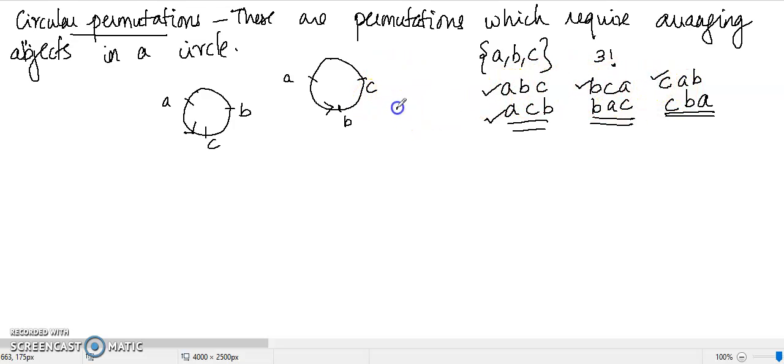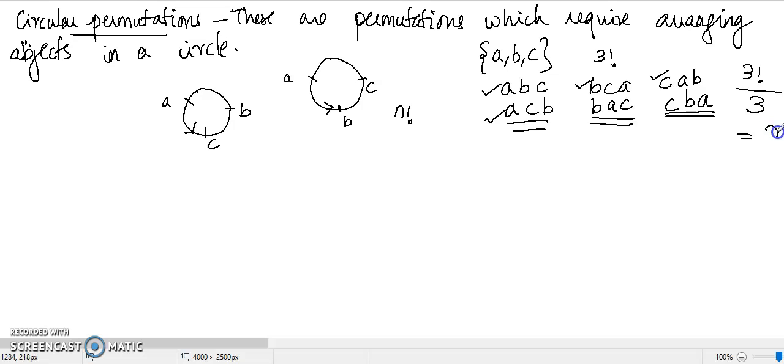So in general, if you have n factorial permutations, this is the number of permutations when you are arranging n objects. Now when you arrange along a circle, every arrangement is repeating n times. എത്ര places ഉണ്ടോ അത്രയും times repeat ചെയ്യുന്നു. So ഇവിടെ 3 factorial ഉണ്ടെങ്കിൽ when you count in the circular permutation, it is repeating 3 times.